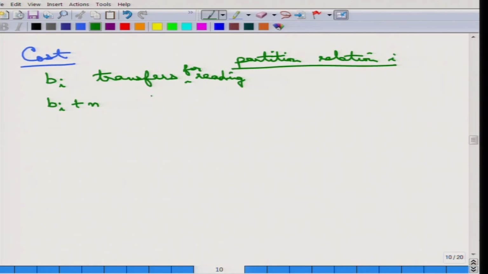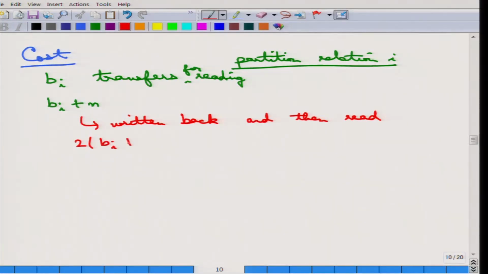So this needs to be written back, and then read again, because each partition is then going to be read. So this uses 2 BI plus N, and then there is this BI. If we add these two numbers up, for each relation this is 3 BI plus 2 N transfers.